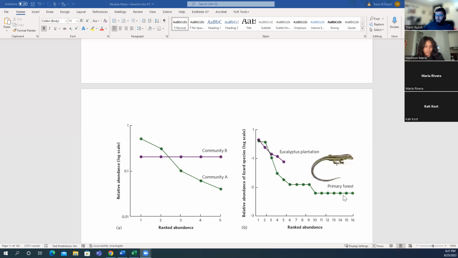So these are types of questions you might get asked, like which community has greater richness or evenness and why? Okay. So the eucalyptus plantation has the greatest evenness. Yes, because it's over a narrower range of relative abundance. And like this one over here, that had the greatest evenness because the relative abundance was the same for each one.